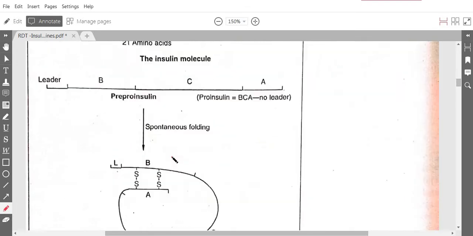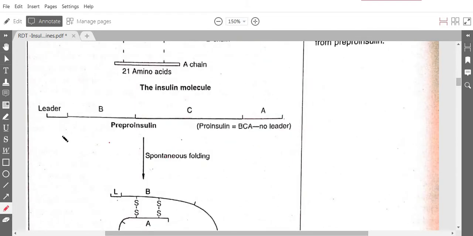This is the structure of Prepro insulin, which contains the A chain and B chain. The A and B chains are joined by the C chain. C stands for connector chain, which joins the A and B chains. And additionally, a leader sequence is also available. The leader sequence is nothing but some amino acids which provide the signal that this is the molecule that needs to be transported. So the leader sequence is present in the structure of Prepro insulin.